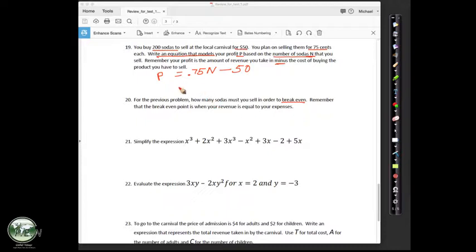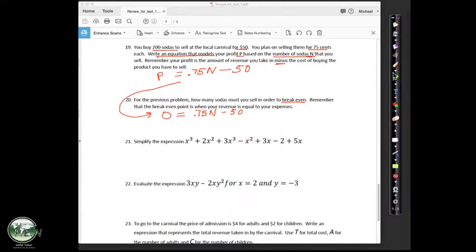So basically we take this thing that we started with, and we're going to put in 0 for p, take our equation, and solve it for when we cover our expenses. Some people will look at this and say, I'll just take 50 divided by 0.75, and you're right, that's how we would do it.